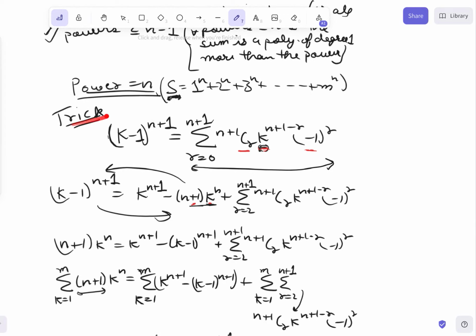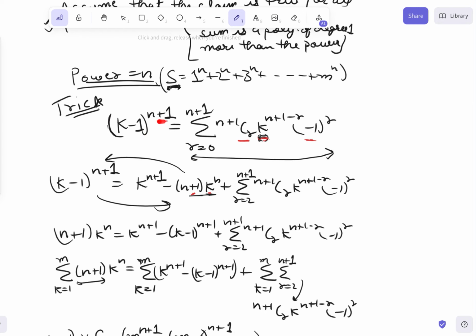Now the trick here is that we'll use the binomial expansion of k minus 1 power n plus 1. And why we are doing this is because ultimately power n will appear in the binomial expansion of this, and if we play smartly and sum over k equals 1 to m, we'll make this s in this formula somehow. And the other benefit of using power n plus 1 is that you'll see this term will automatically cancel out.